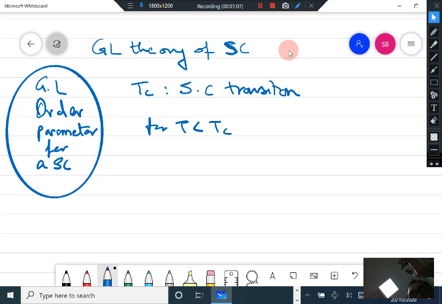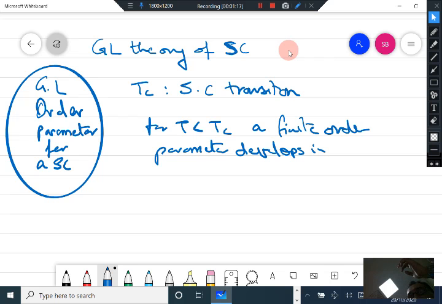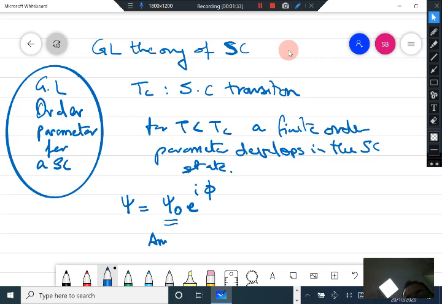For T less than Tc, a finite order parameter develops in the superconducting state, and this order parameter psi is written as psi naught e raised to i phi. It has an amplitude and it has a phase. The order parameter has both an amplitude and a phase.